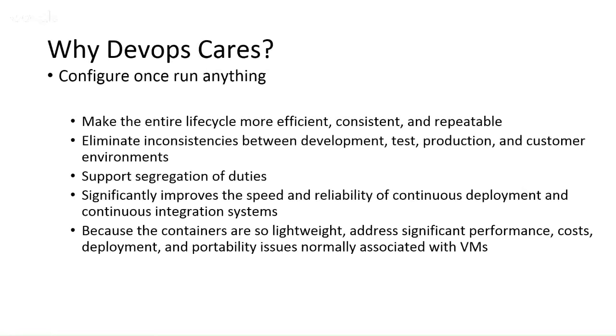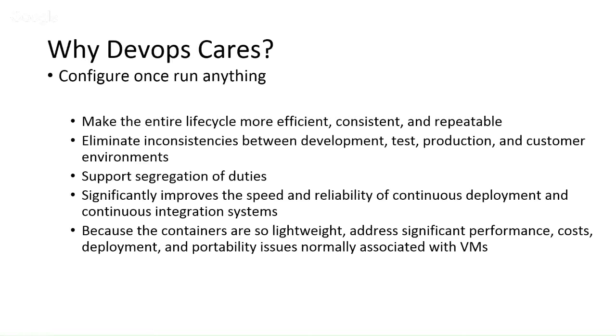When it comes to the DevOps engineer, we can say it is configure once, run anywhere. So it will make the entire life cycle more efficient, consistent, and repeatable, because with a container we can start and stop, and a container will start within 2 or 3 seconds, and you can easily move them.